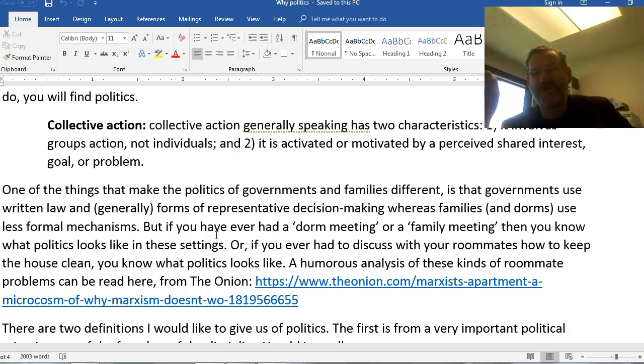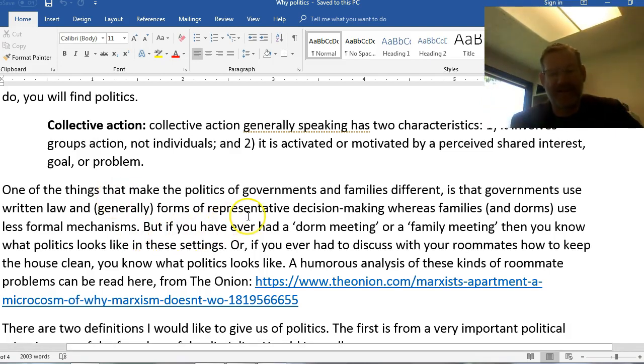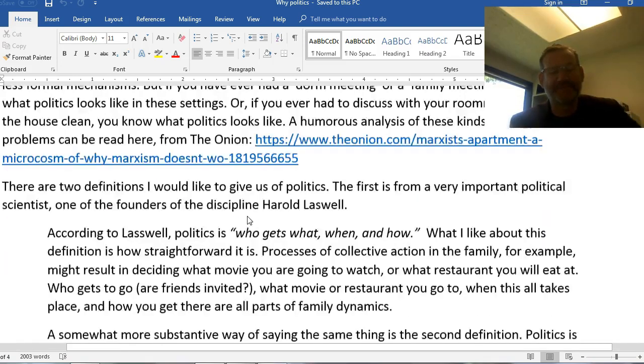If your individual room is dirty, that's not a collective action problem. It's your room. You clean it up. Sound like your mom now. Clean your room, right? But right, if it's your room, it's not a collective action problem. If it's the living room, the dishes, the bathroom, the floors, all of that, it is a collective action problem. Okay.